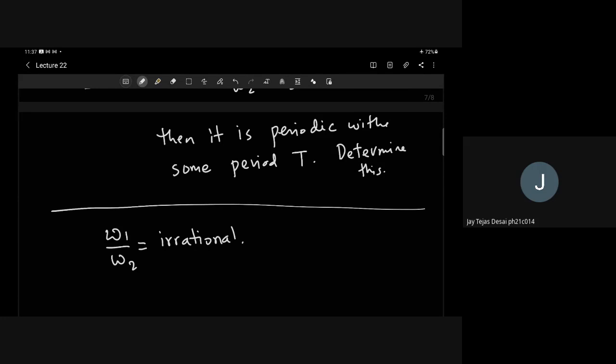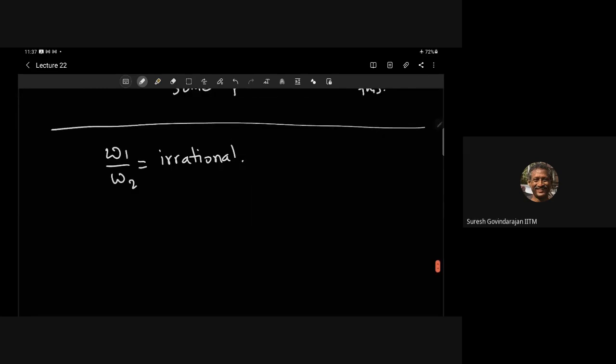No, they won't close. But they can come arbitrarily close because you can always find a rational number which is a good approximation. So what we have is we do not have really periodic orbits. Such orbits are called quasi-periodic.